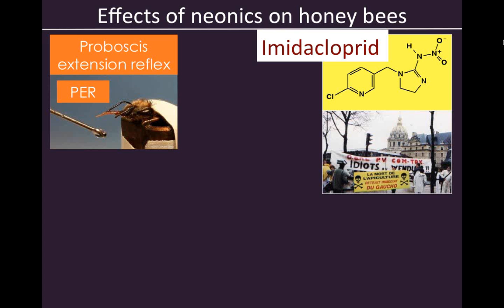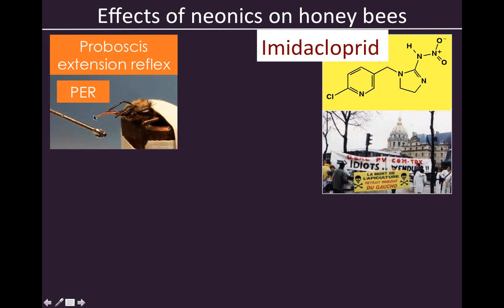The first type of studies done with these kinds of chemicals are typically PER, or proboscis extension reflex, experiments. To do this, you harness a bee so that you only expose her head. Bees smell through their antennae, and they have their mouth part here.